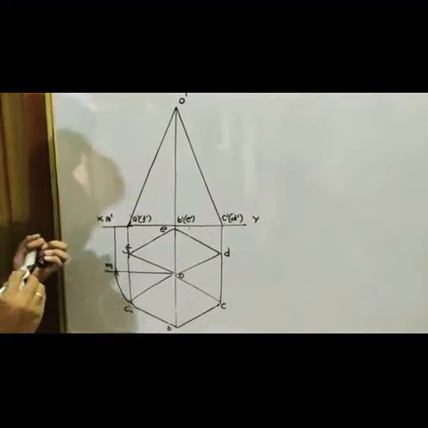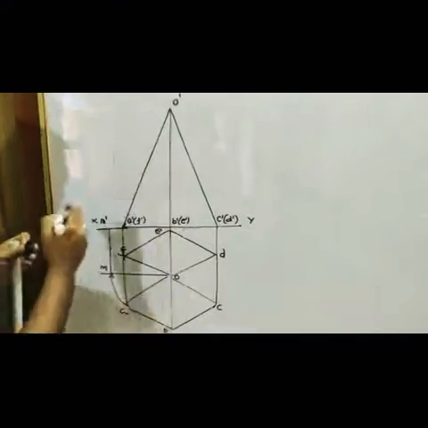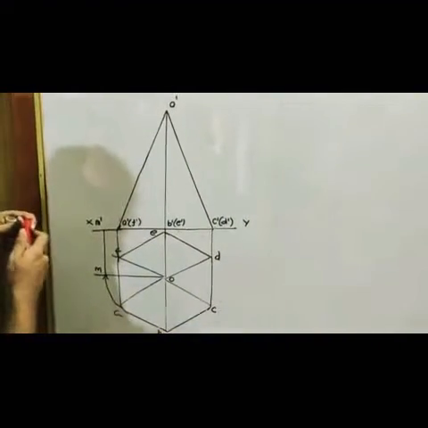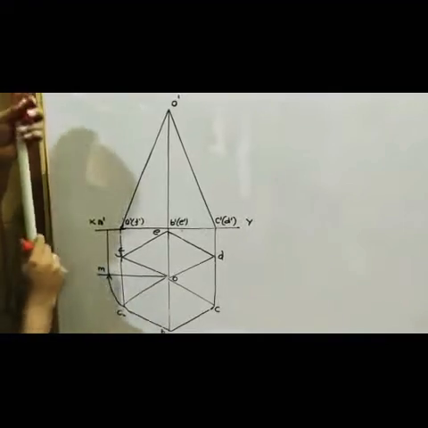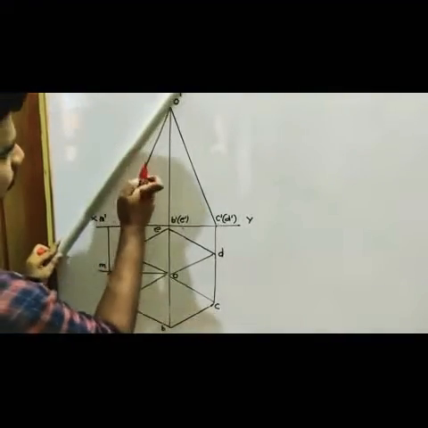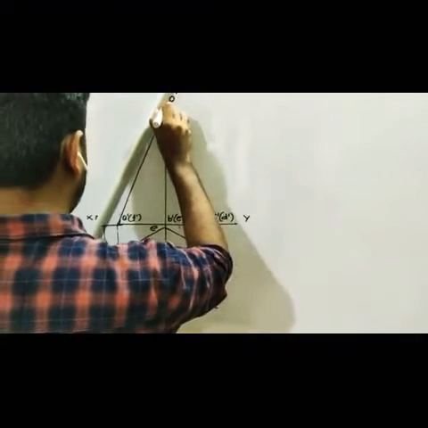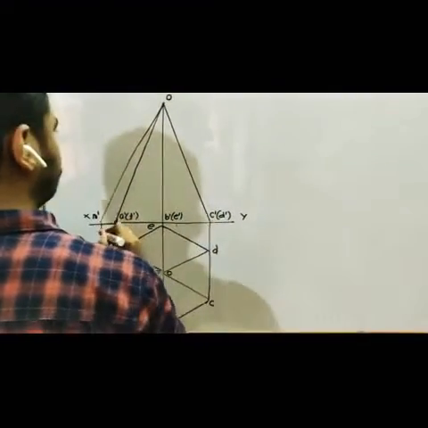Right? So this M dash O dash will be the true length of my slant edge. So I'm going to connect like this. So this O dash is meeting at the point M. Right?